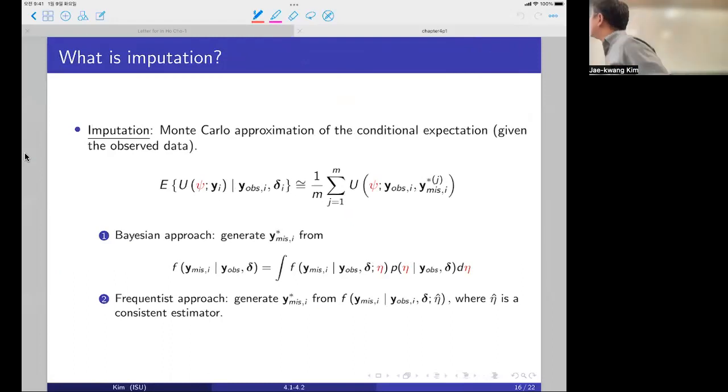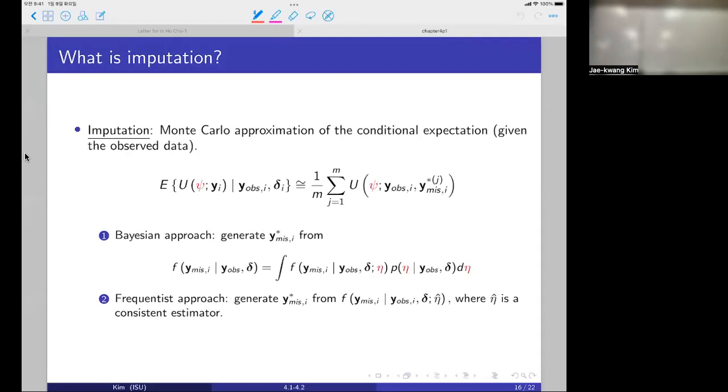Here is one nice summary of the definition of imputation. Imputation is nothing but a Monte Carlo approximation of the conditional expectation. This is what you want to compute, and you want to compute this integral by a Monte Carlo sample.